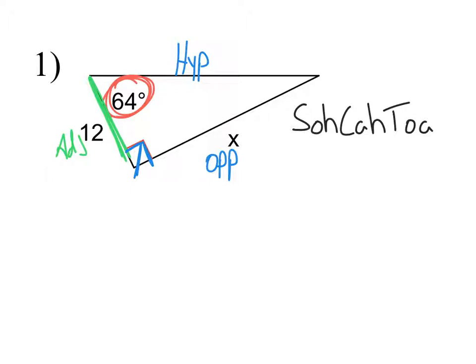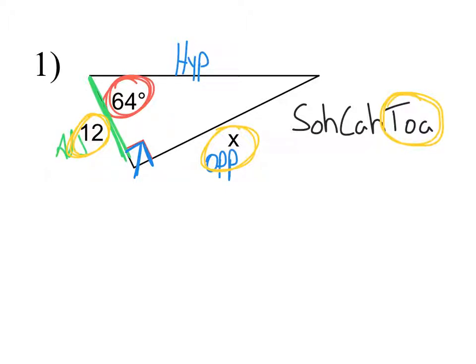So that means we are given the adjacent leg, and we are looking for the opposite leg. Well, adjacent and opposite, that is tangent.